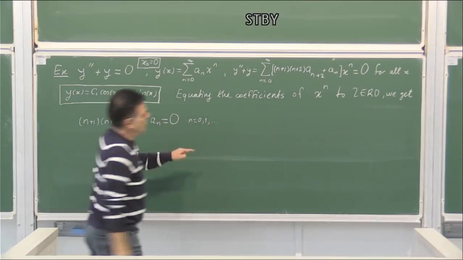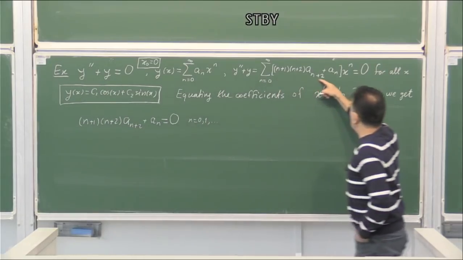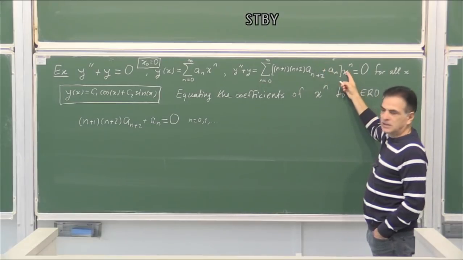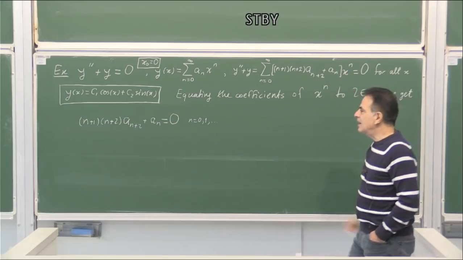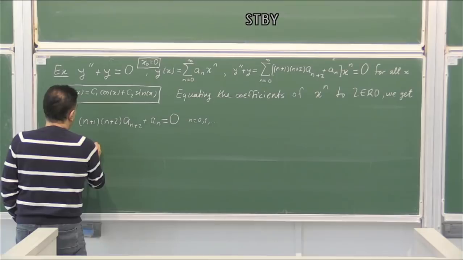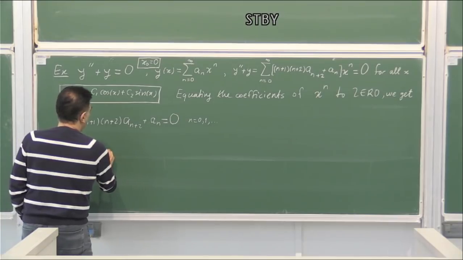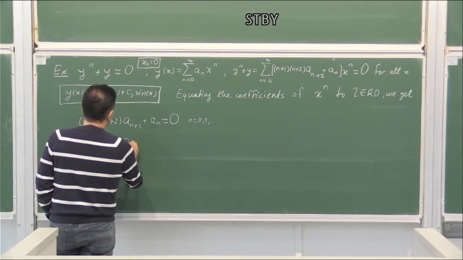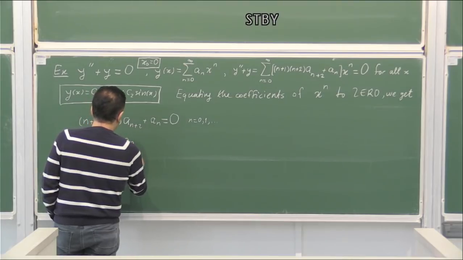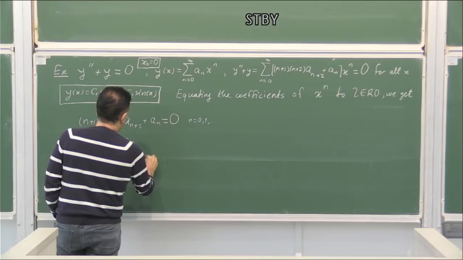Look, as you see, this is the coefficient of x to power n in the expansion. Good? So solving for a_(n+2), we get minus a_n over (n plus 1)(n plus 2).